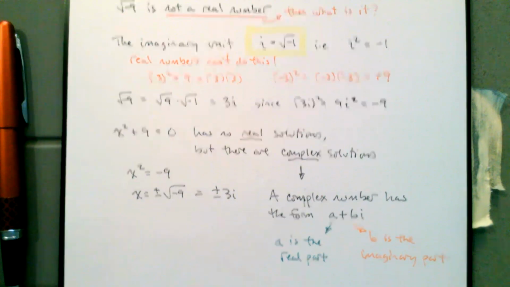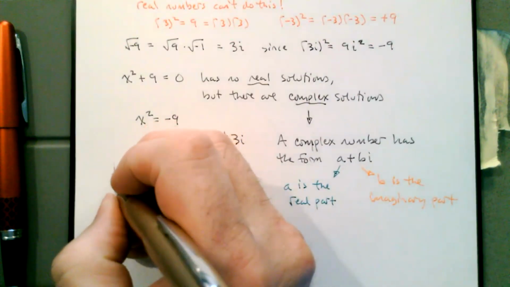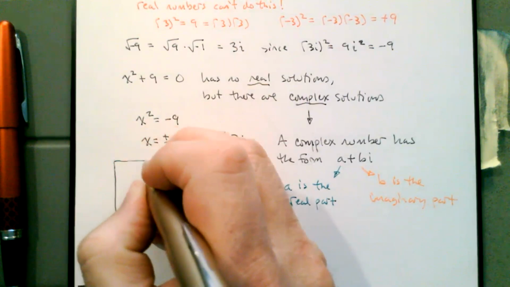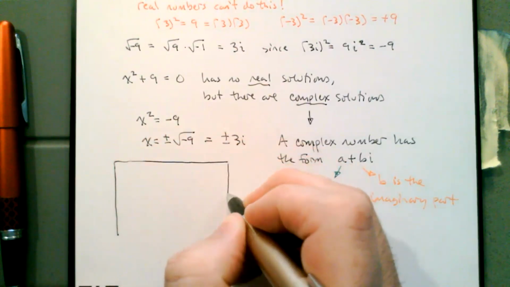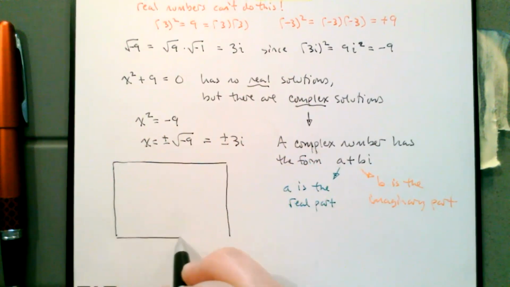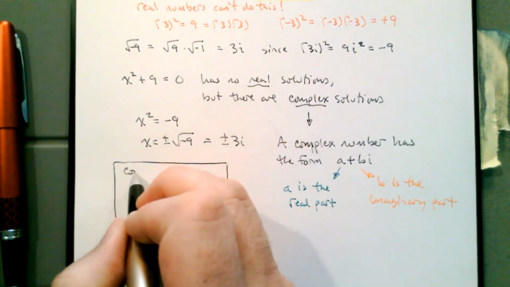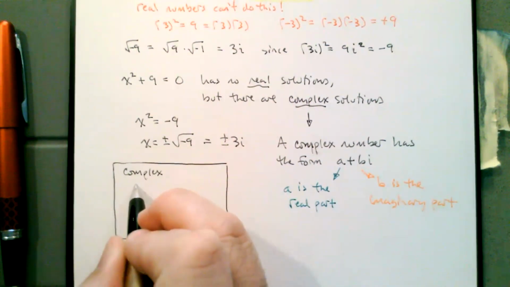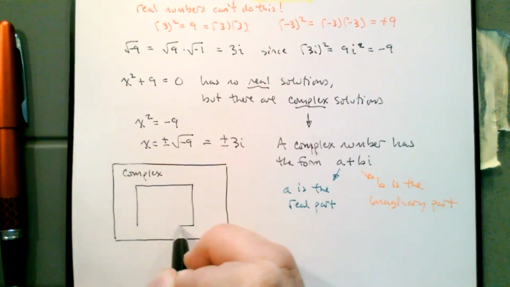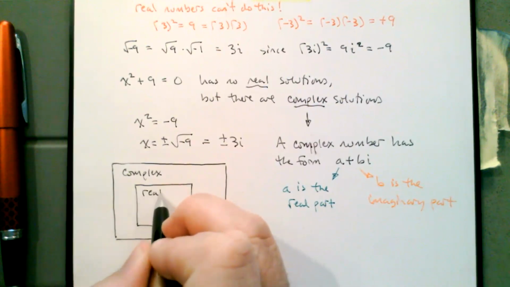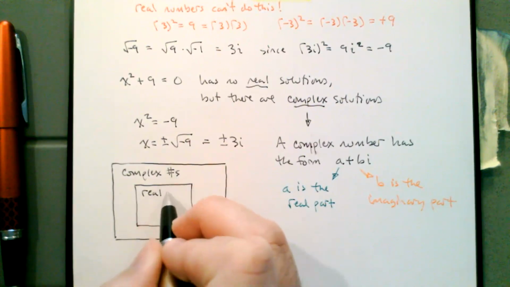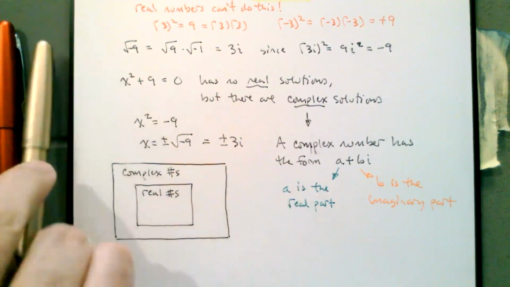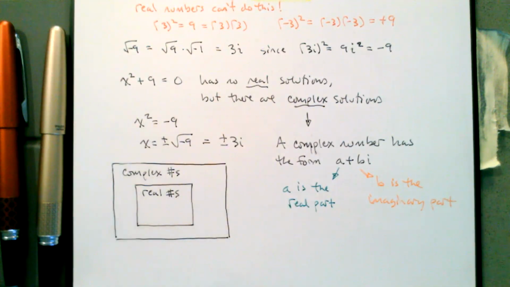So in our sets of numbers, if here we have all the complex numbers, the real numbers are a subset of the complex numbers. Real numbers are complex numbers with an imaginary part equal to 0.